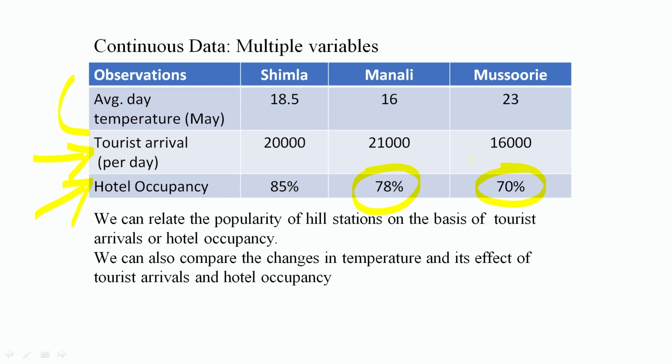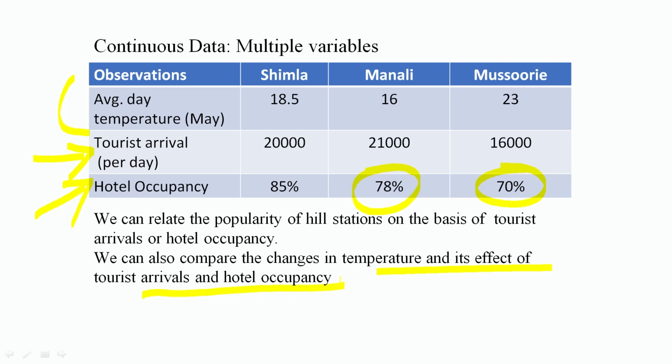So the popularity of hill stations, tourism demand, hotel occupancy, these 3-4 aspects we can identify from this example, and you can create a chart which compares how day temperature matters in tourist arrivals to 3 different hill stations and to what extent it impacts the hotel occupancy.